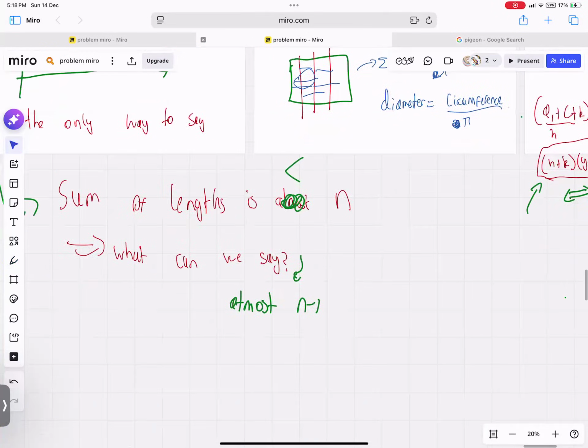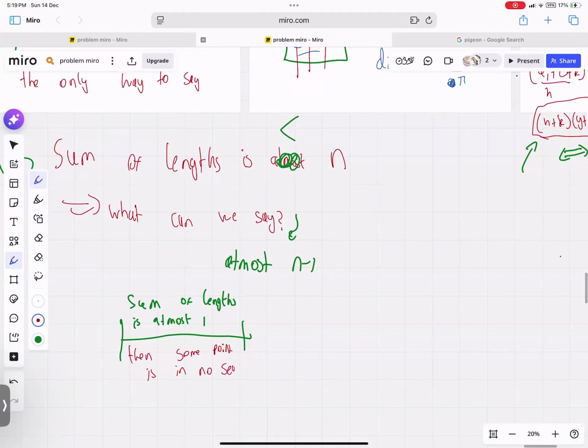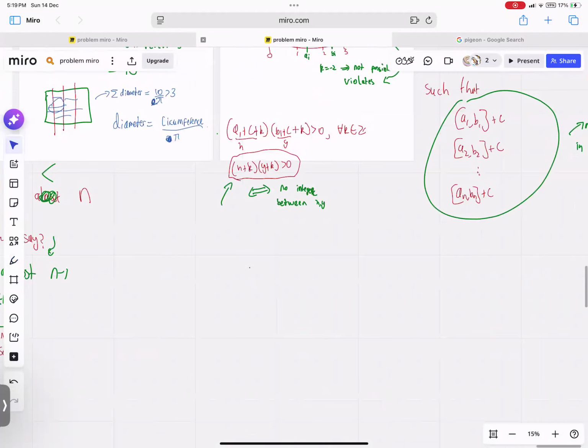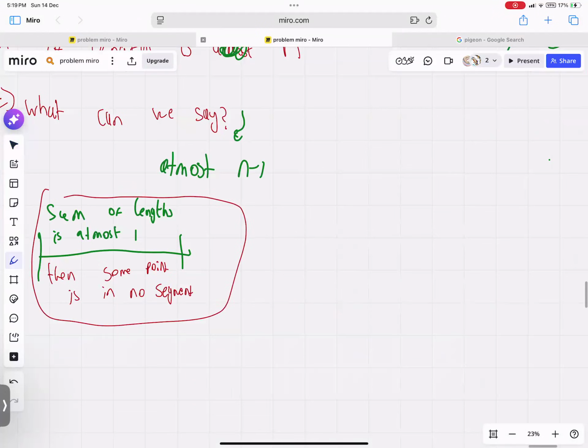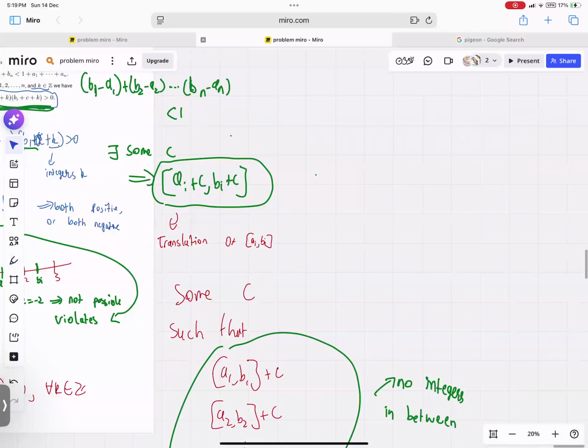So in particular, if the sum of lengths is at most 1, then some point is in no segment. Now use this observation along with this to finish.